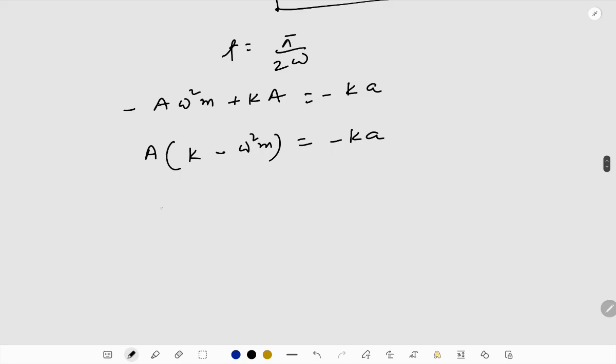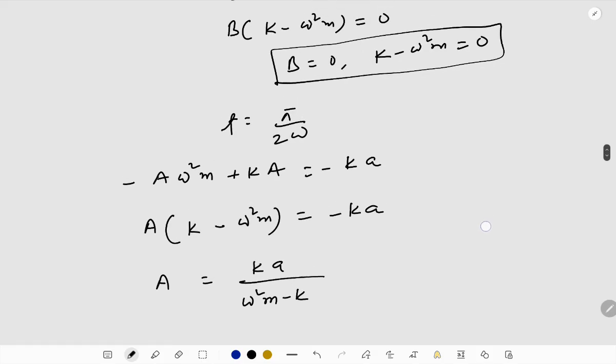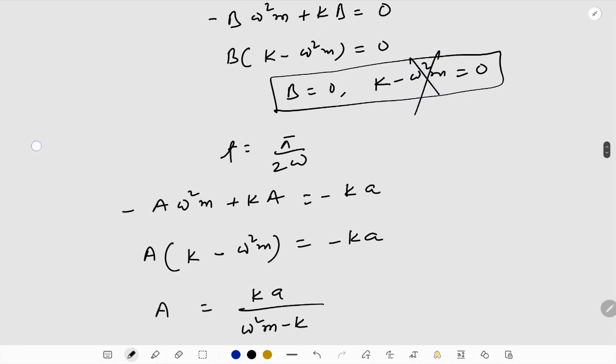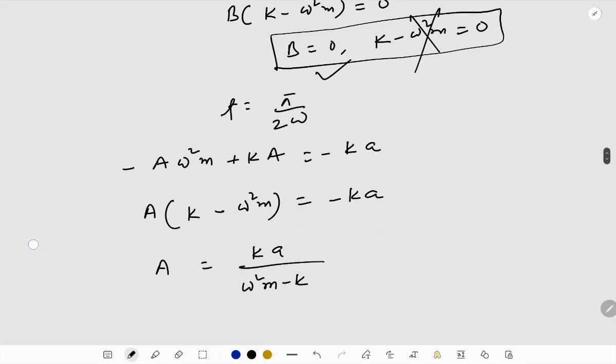That means A equals ka divided by omega square m minus k. And you can see that in this case this cannot be 0. K cannot be equal to omega square m, because in this case the denominator of A will become 0 and that is not acceptable. So this thing is not 0. That means b is 0 is the solution.